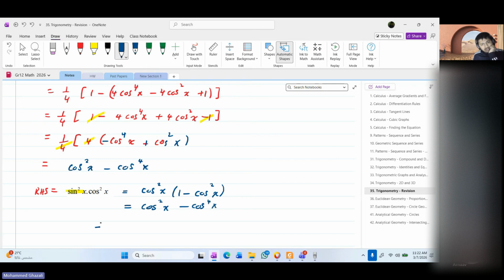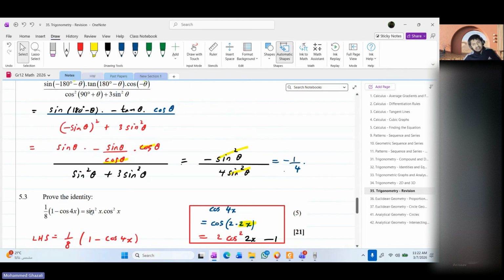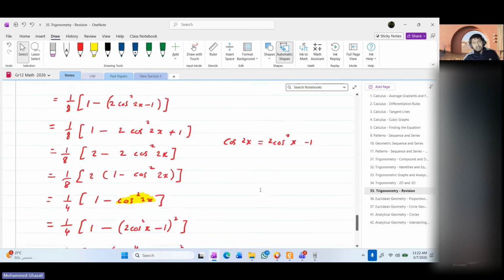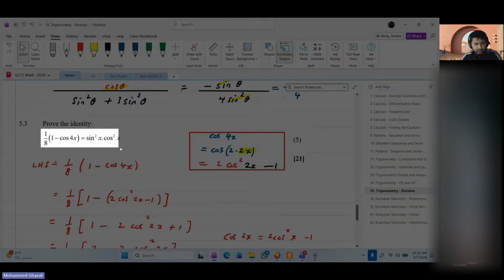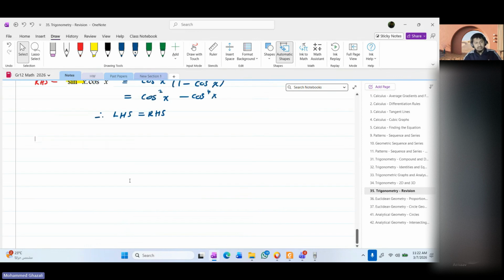So now, therefore, the left-hand side is equal to the right-hand side. I couldn't get the left-hand side to be equivalent to the right-hand side, so I simplified the right-hand side as well. So now they are equivalent. All right, nice question, guys. You can also do it like this. While I was working through the problem, I said, why didn't we take this into that? That would have been much easier. It's just that the algebra was quite long.